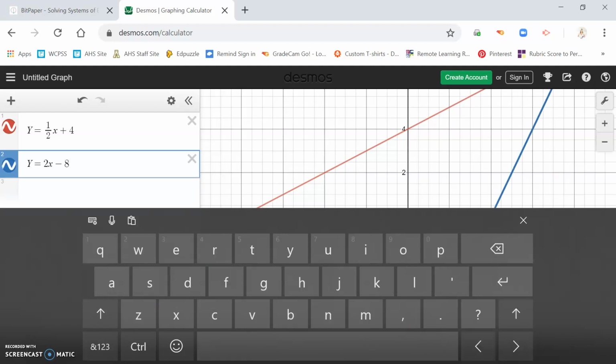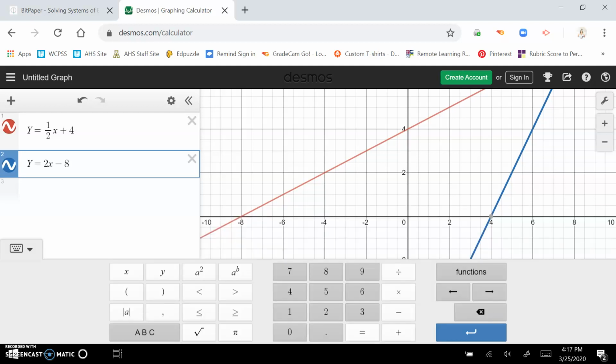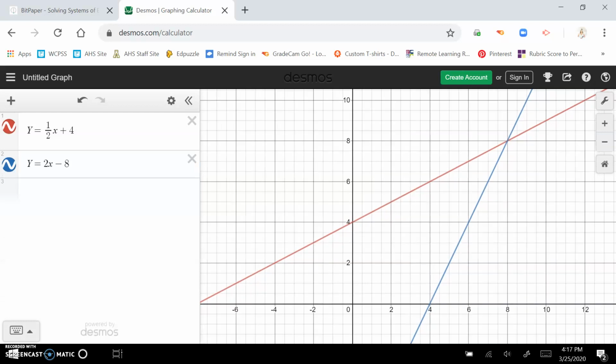I actually did that the hard way. You can use Desmos for this too. When you graph that, you can zoom out and click on where the lines intersect, and that's your answer.